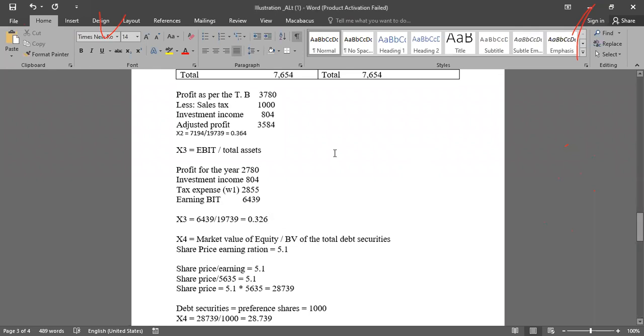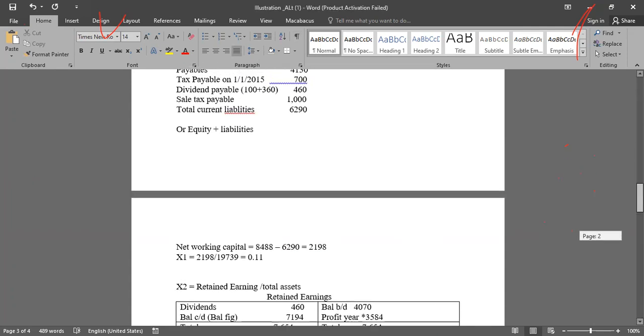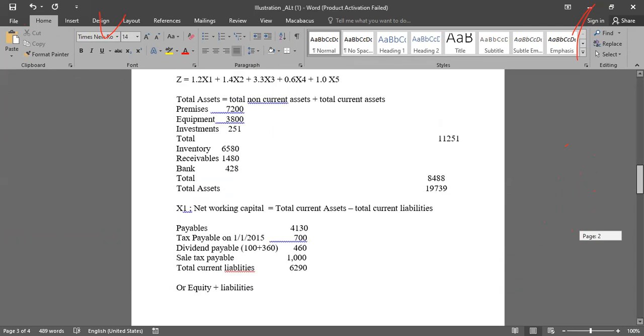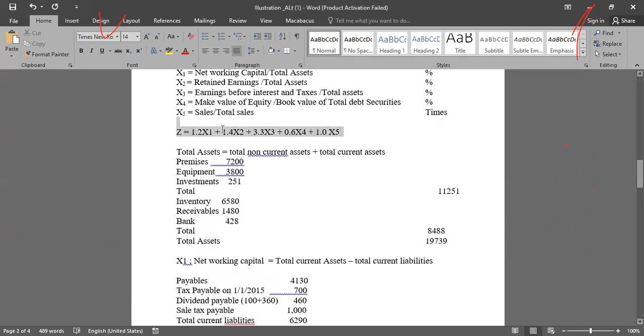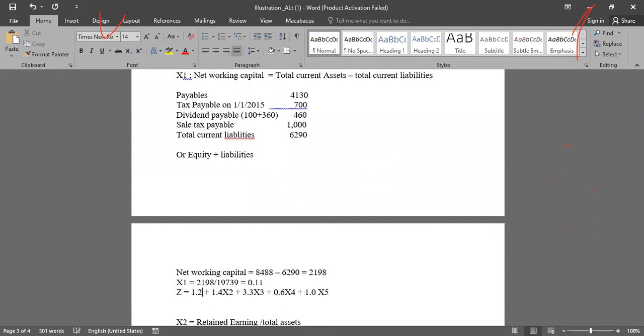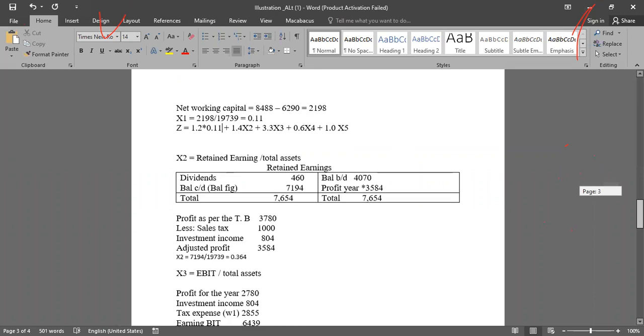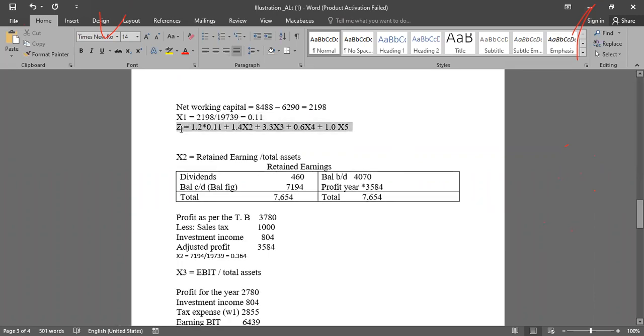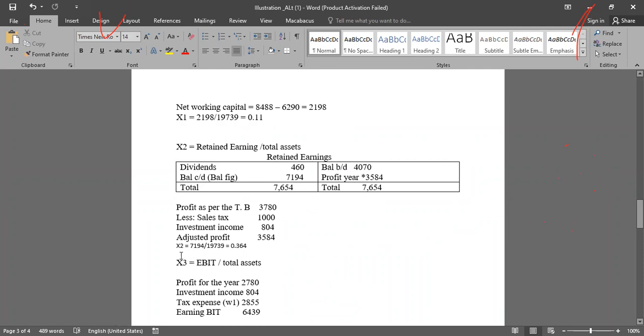Okay, so we now apply the formula. So this we substitute. I'll go substituting just close to the answers themselves. It's my X1. So if I remove X1 and I put 0.11, and I go to this one here.